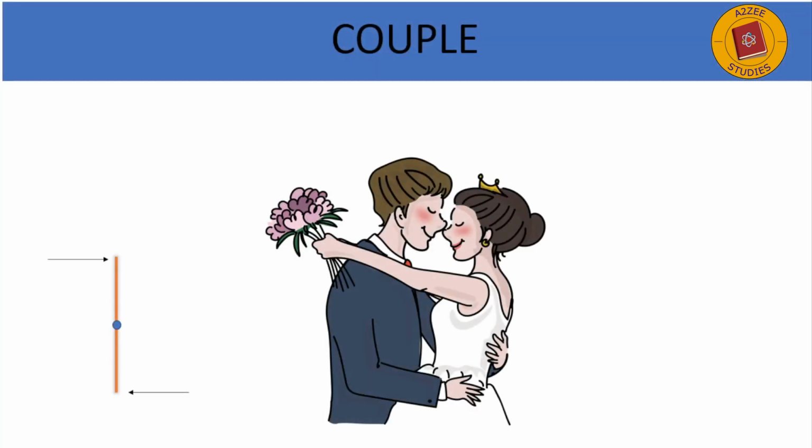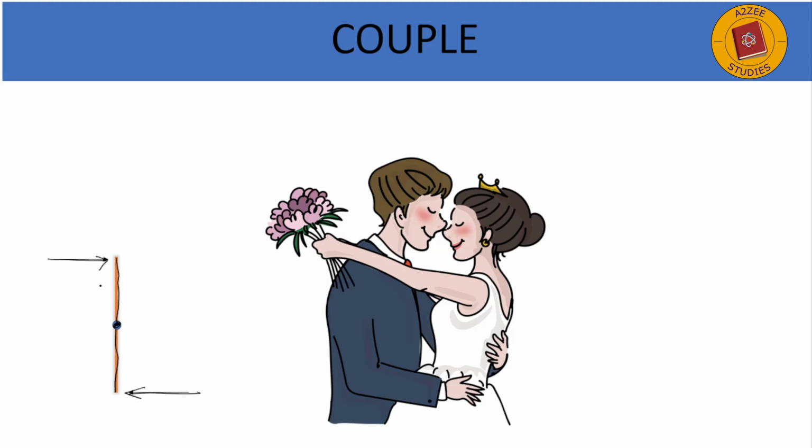Now let's come to couple. Couple means what everyone knows. In our daily life, we know a couple as husband and wife, right? So here also, this is the pivot and the length is the same on the two sides of the pivot, and we are applying force on both sides but in different directions.